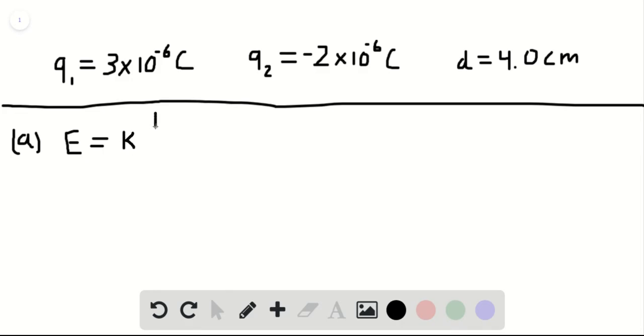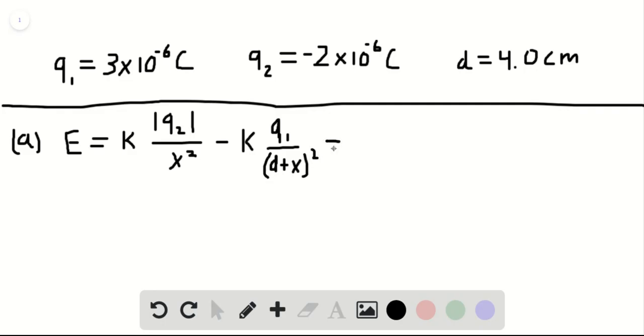It's going to cancel, so we're not going to worry about that really, times the magnitude of the charge Q2 divided by the distance squared, which is x here, minus K times the charge Q1 divided by D, the distance between them, plus x, squared. And we want to know where the electric field is 0, so this is going to be equal to 0.